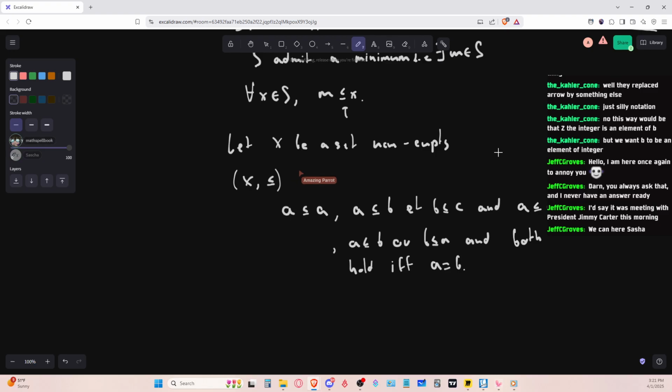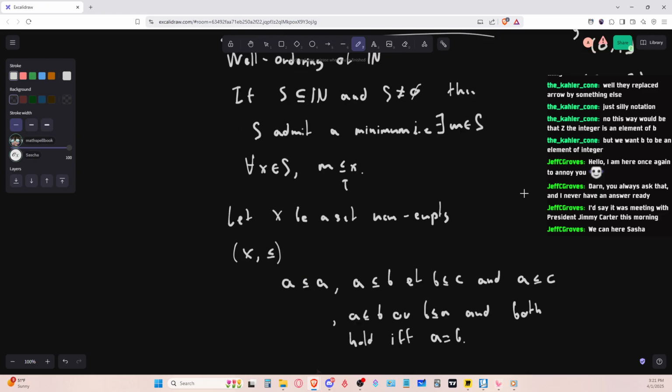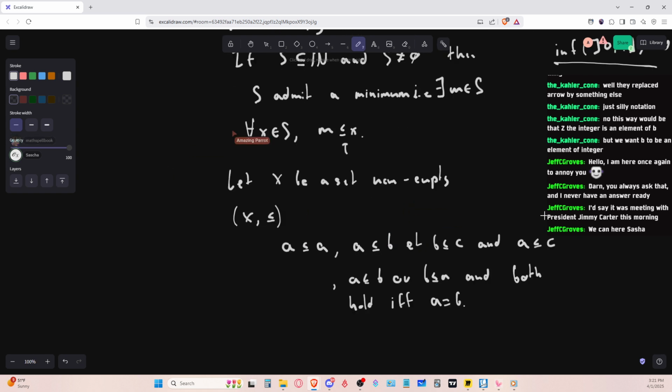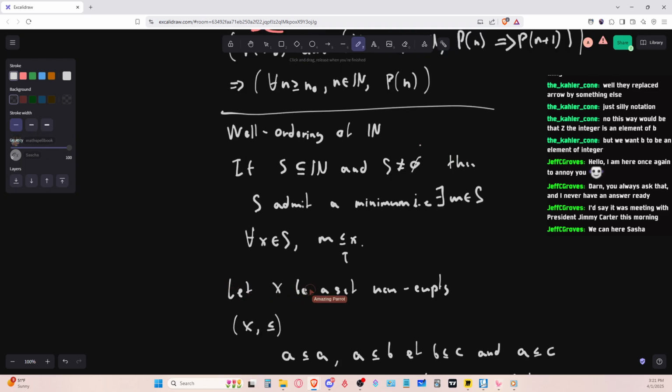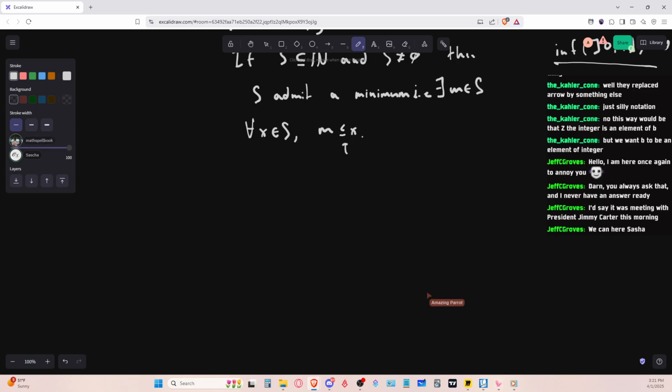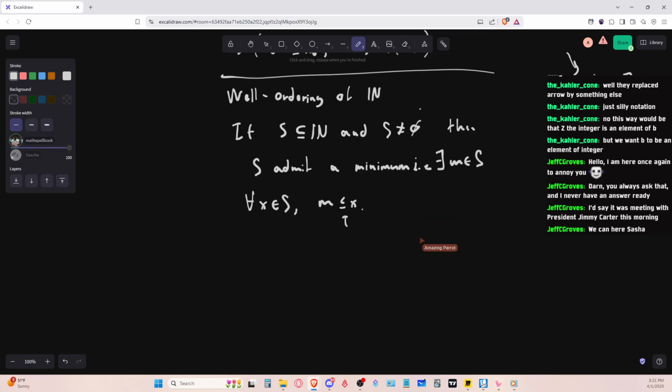Okay. So how does the well ordering of natural numbers help us get to the fundamental theorem of arithmetic? Okay, so maybe I can remove what I was talking about below. One part which is kind of hard in the fundamental theorem of arithmetic is first to find some prime number that divides our n.